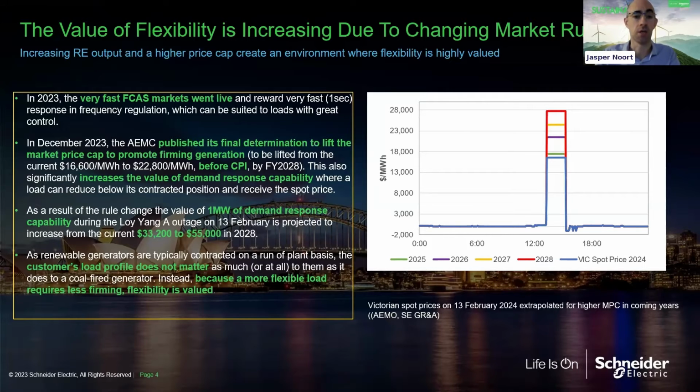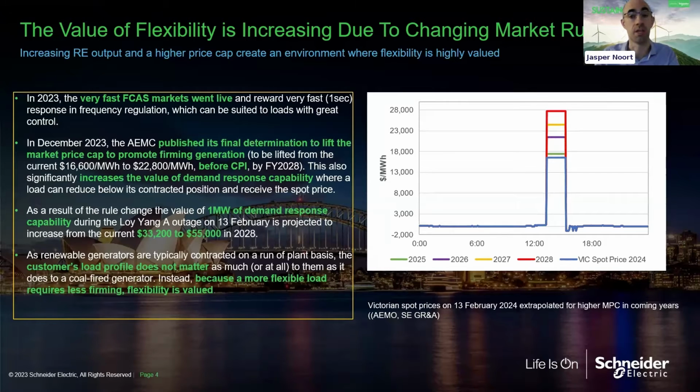And finally, basically another driver from the changing market rules, and a reason why the market rules to some extent are changing as well, is that we're seeing more generation basically contracted.